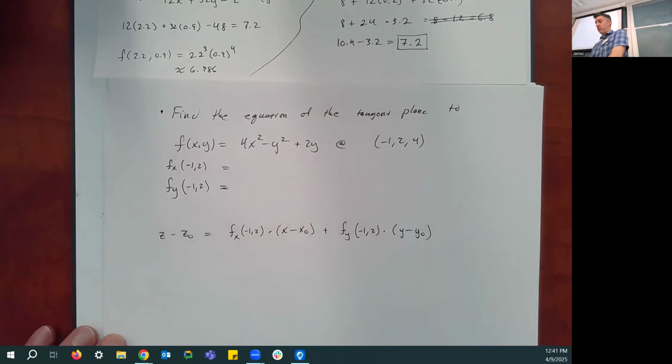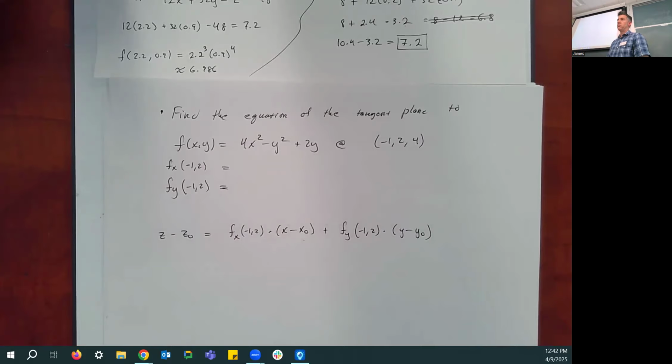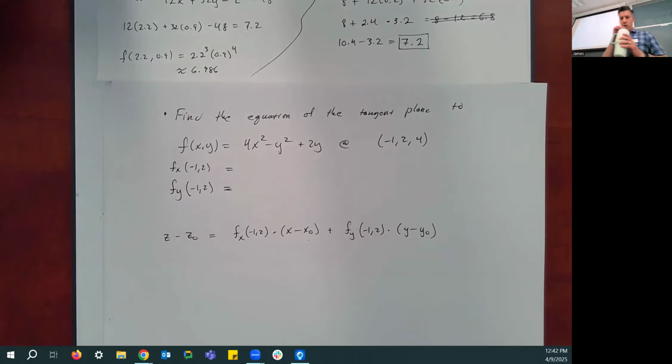And you should know that your x coordinate is -1, your y coordinate is 2, and your z coordinate is 4. So give that a try. Find those partials, plug in the point, and then throw it all into this formula here. Maybe like 2 minutes.